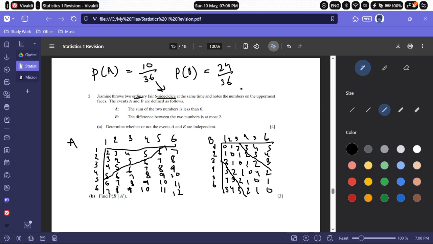Now you have to look at the intersection between A and B as well. How I would do that is think about the overlap between the line I drew for the A table and the B table.